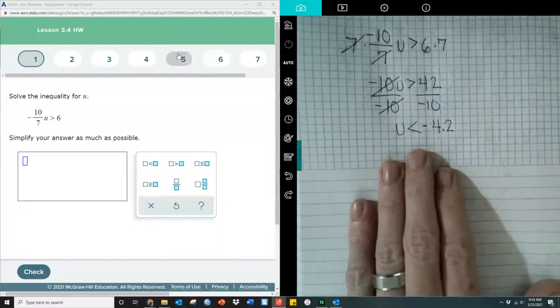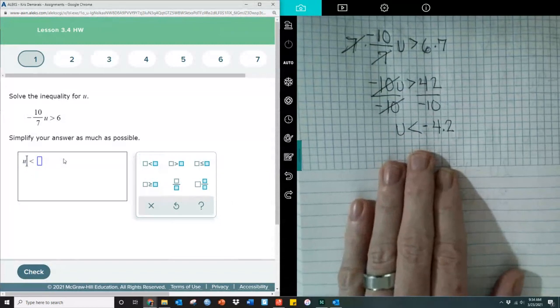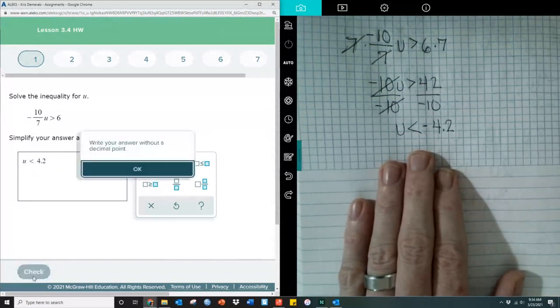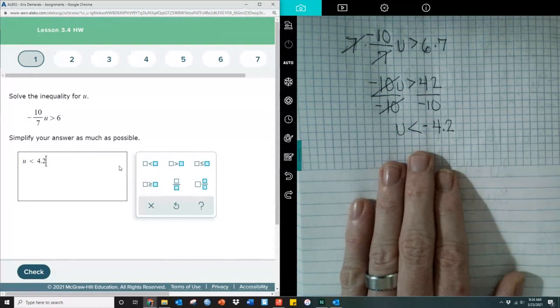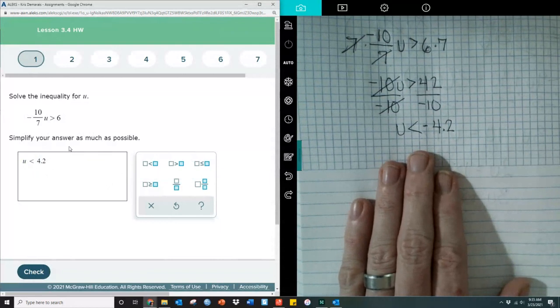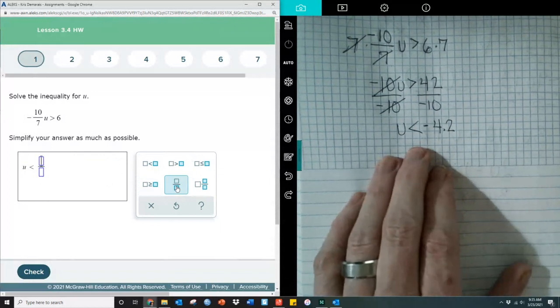So our answer is u is less than 4.2, without the decimal point. Simplify your answer as much as possible, so they want us to put it as a fraction. It doesn't say that, but I guess it does.